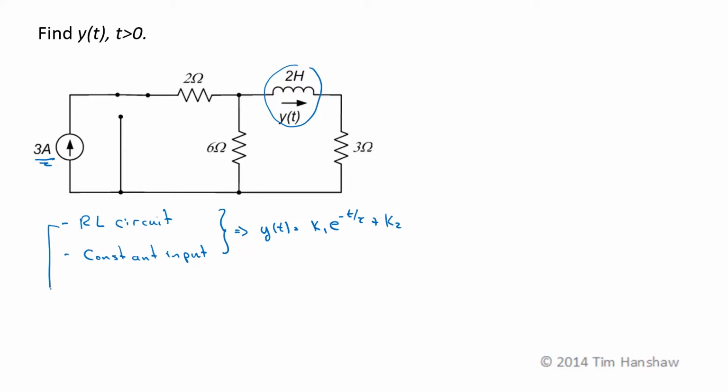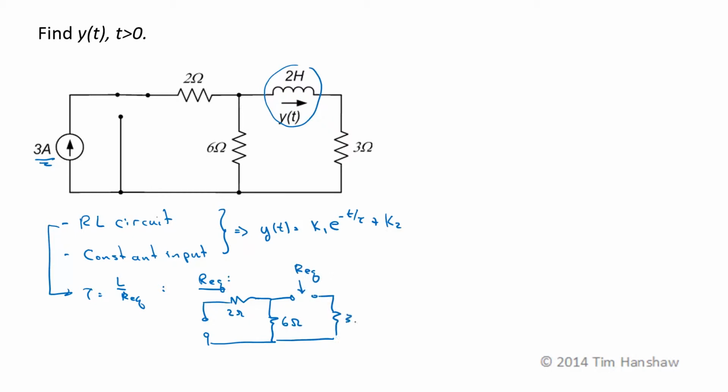For an RL circuit, we know that tau is equal to L over Req. So let's find an equivalent resistance seen by the inductor. Kill our source. Current source becomes an open circuit. 2 ohms, 6 ohms. These are the terminals that we want a voltage current relationship across. And here's 3 ohms.